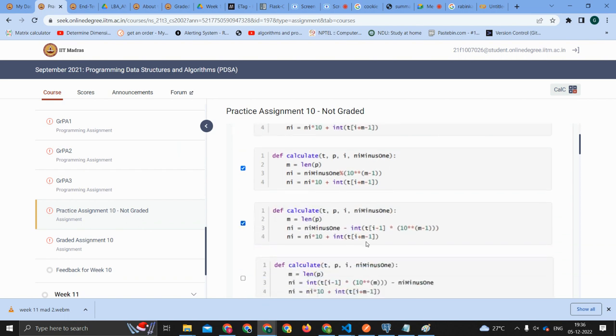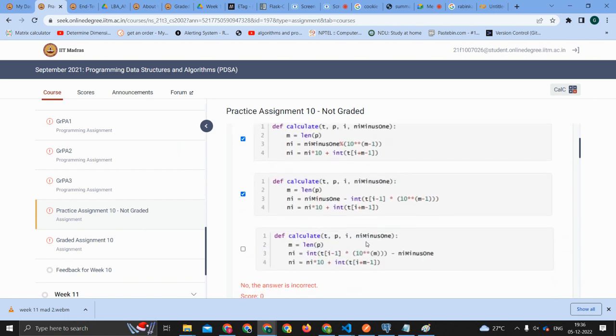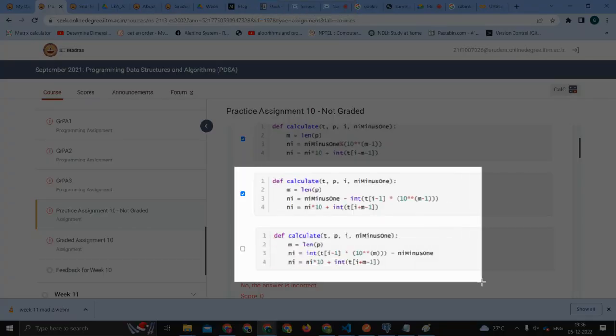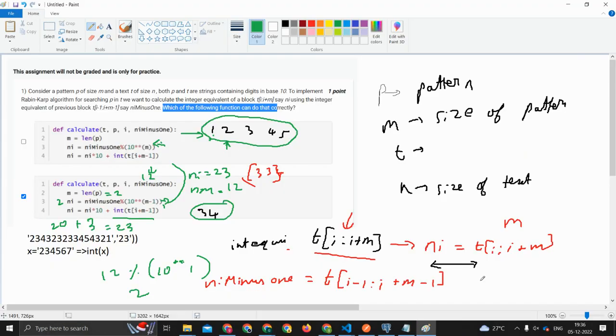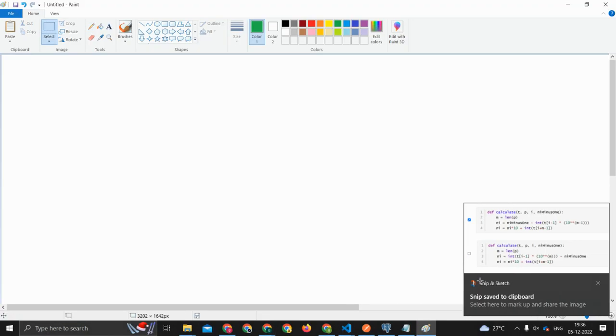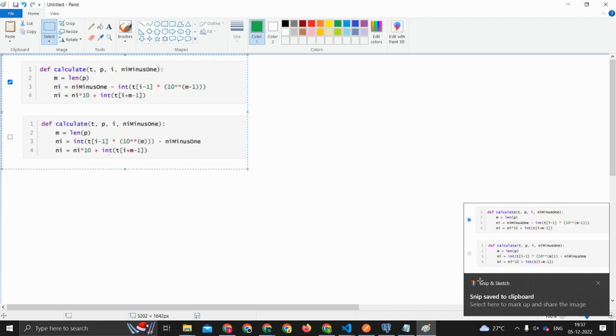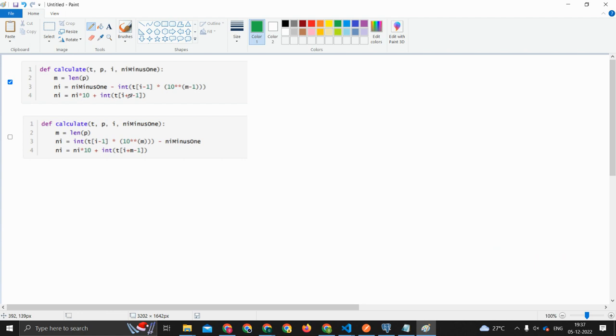So we are coming to the third option and fourth option. Someone else want to take this?